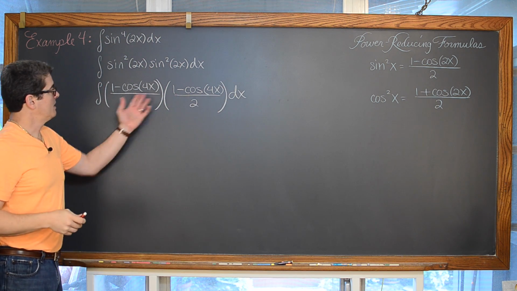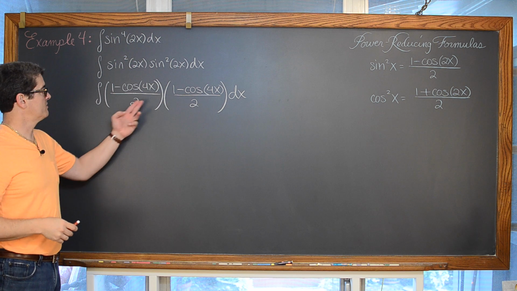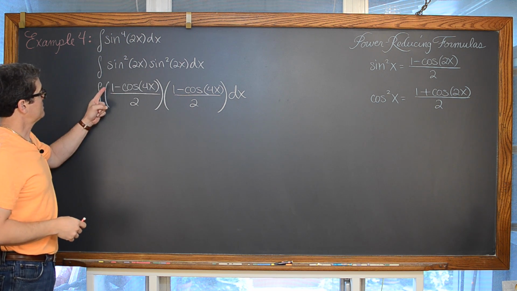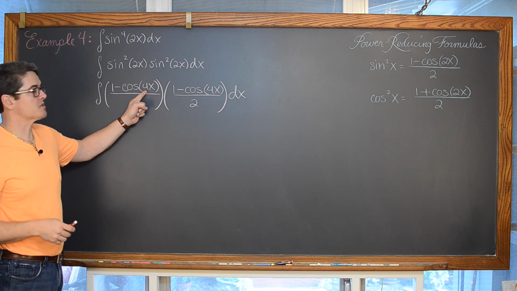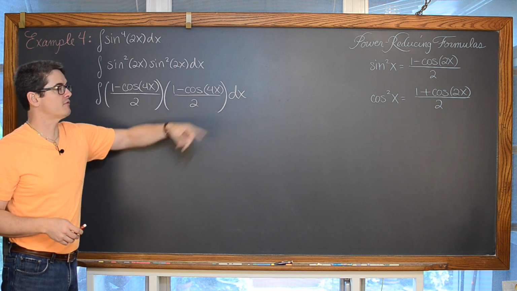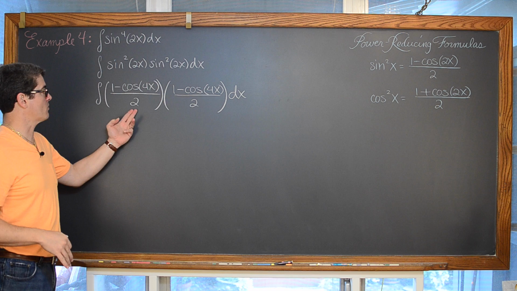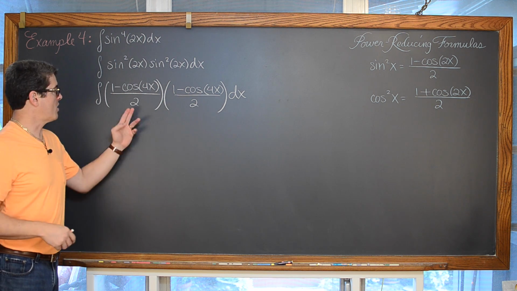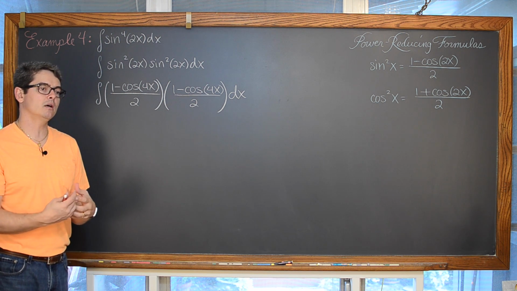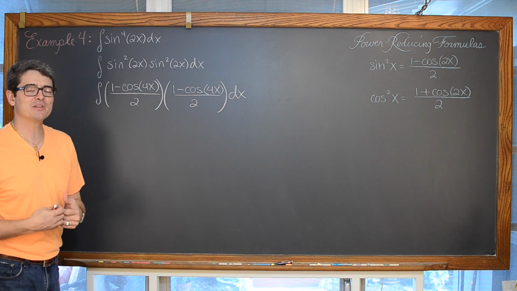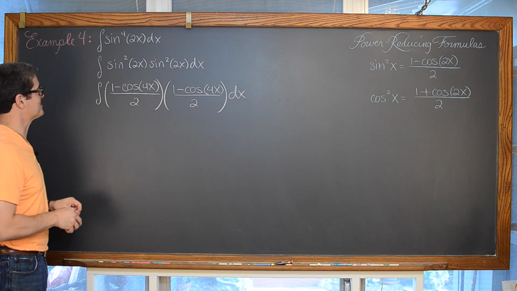Now distribute these two factors together. 2 times 2 is 4. And because we're taking 1 minus cosine of 4x times 1 minus cosine of 4x, or effectively just squaring a binomial, we're going to get 3 terms. I'm going to write that product of 4 underneath each of those 3 terms, and separate it all out.